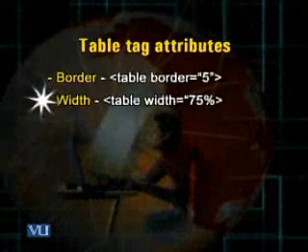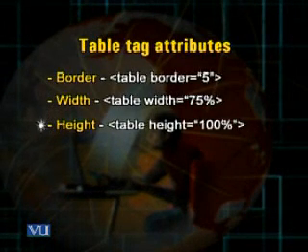So these are some of the attributes which are commonly used for the table tag, but I forgot to tell you there are two very important attributes in the table tag. One is the width attribute and the other is the height attribute. We use the width attribute to specify the width up to which we want our table to be extended or shown. So where I use the width attribute, I keep its value 75%. That means that I want my table to be of a size which would extend to 75% of my total window screen.